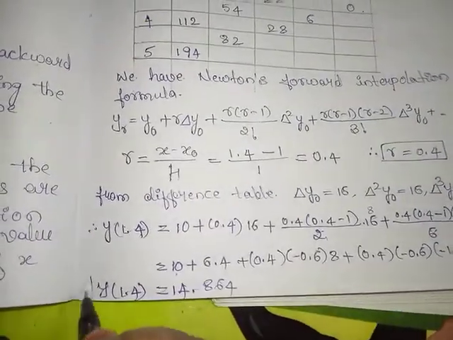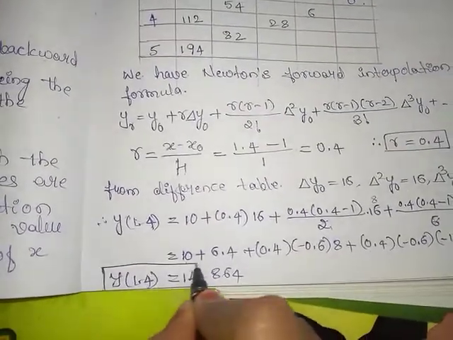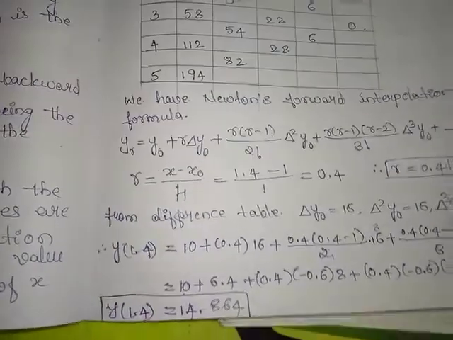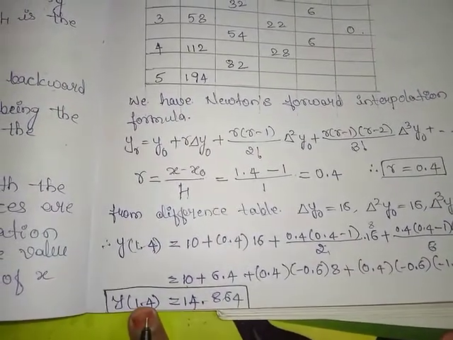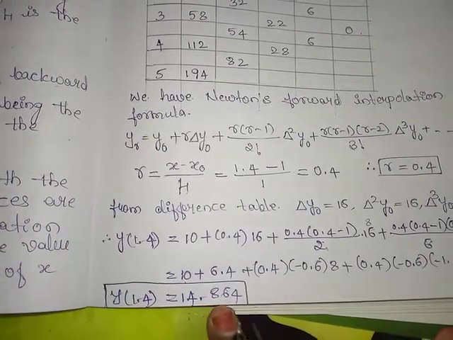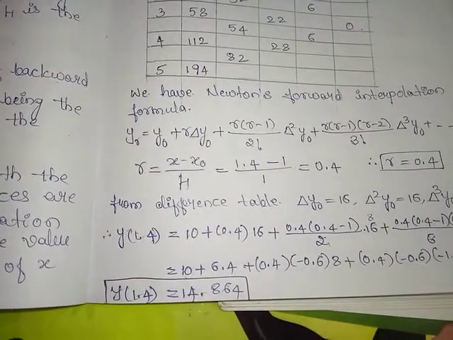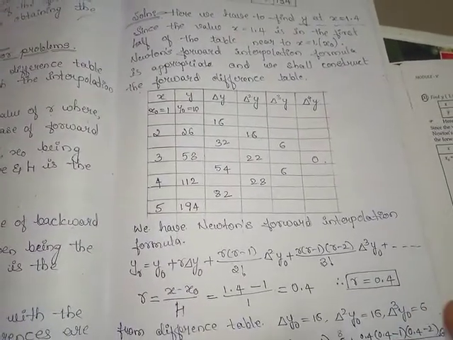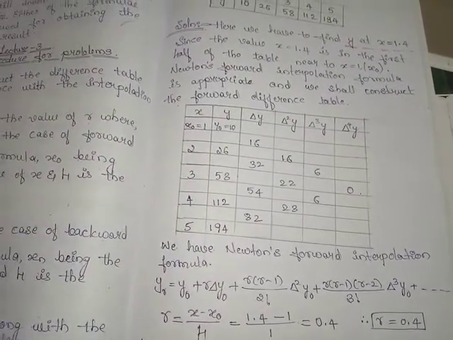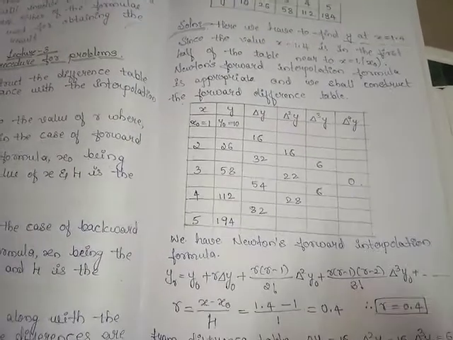This is our required result. The value of y at x equal to 1.4 is 14.864. This is how we have to find the desired value of y at the given x.